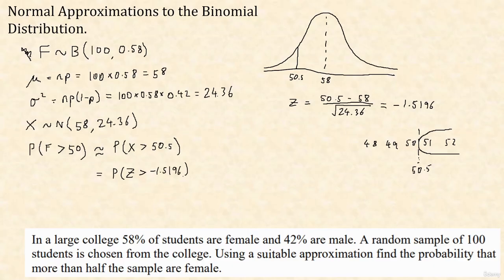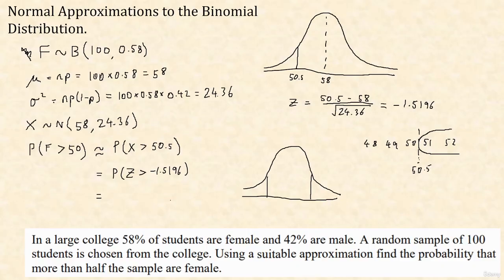Now here's where we need to, well, if we're using tables, we would need to use symmetry. Remember, if you're using tables, you would have to use the fact that greater than minus 1.5196 is the same as less than positive 1.5196.